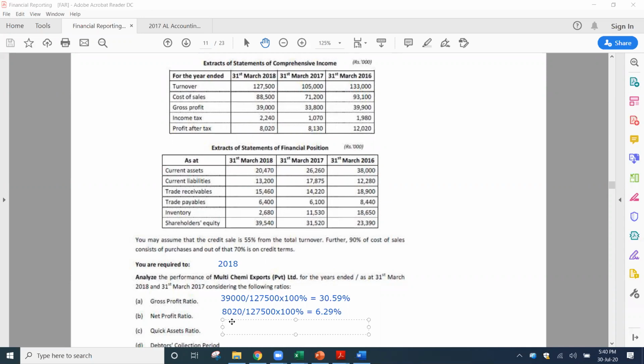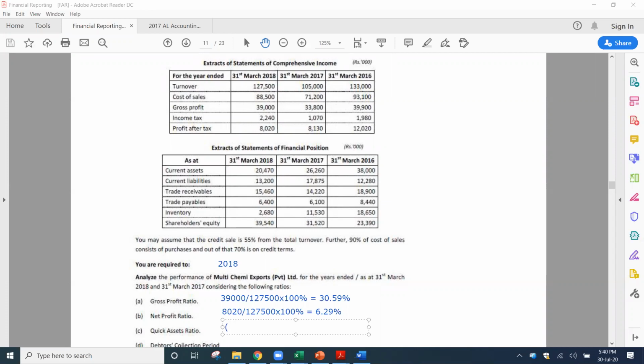Let's say you have the electricity bill, but you don't have cash, you have the inventory. Can you pay through inventory? You can't. So it's not a quickly convertible asset into cash. Therefore, when calculating the quick asset ratio, we have to deduct the inventory.